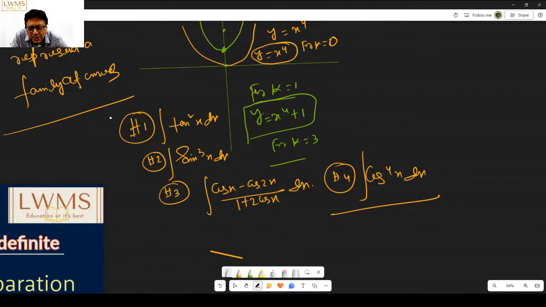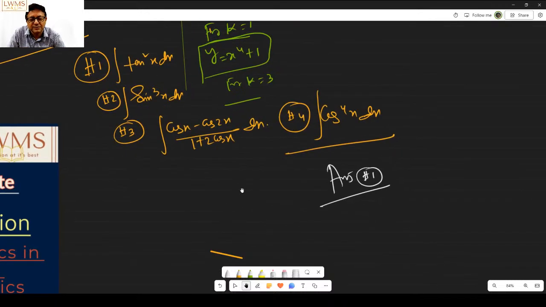You suggest to me how to integrate the first one. Answering problem number 1. This is tan square x, you cannot integrate it directly, there is no formula. You write sec square x minus 1.